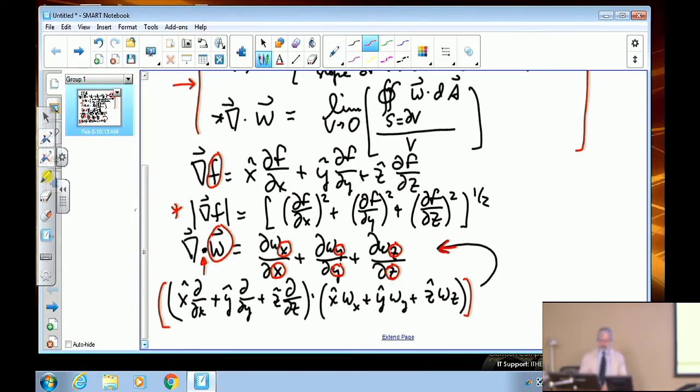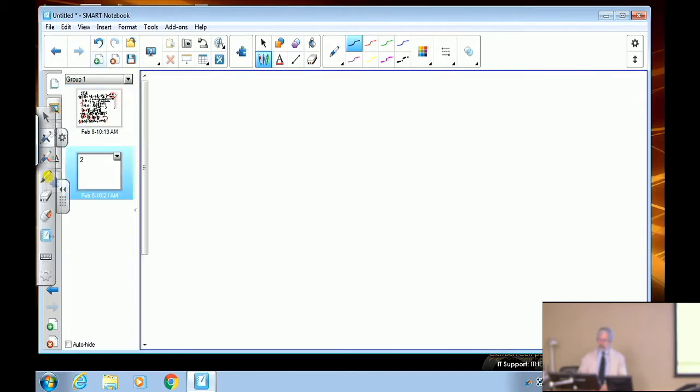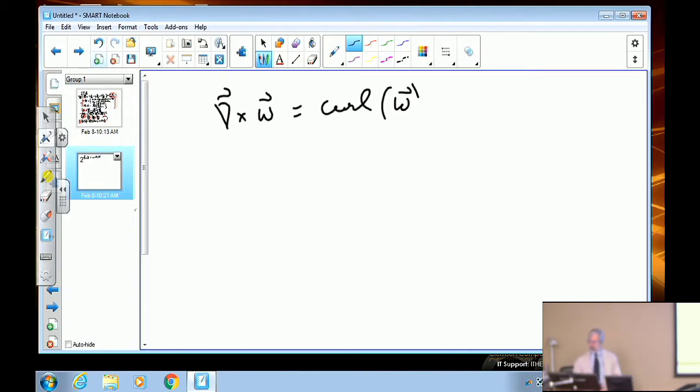So just to flesh that out a little bit, in the next chapter we will do that, which is the curl of the vector field. And we'll work out all the components, but you could pretty much figure it out right now if you remember the cross product. Any questions about that?